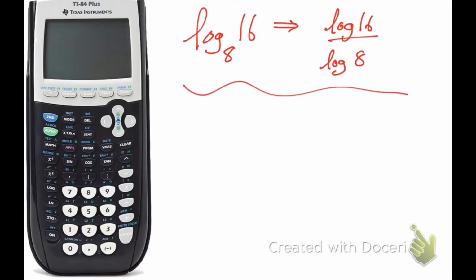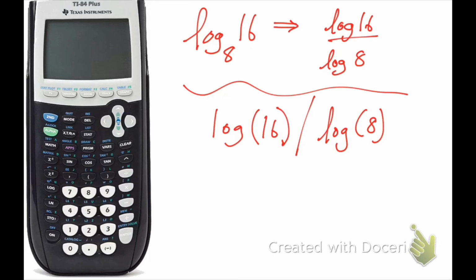So in my calculator, you're going to punch in log, so hit your log button, and then parenthesis 16 close parenthesis divided by log of 8. So you hit this button, and then 16 close parenthesis, that'll take care of the top, and then log of 8 close parenthesis.